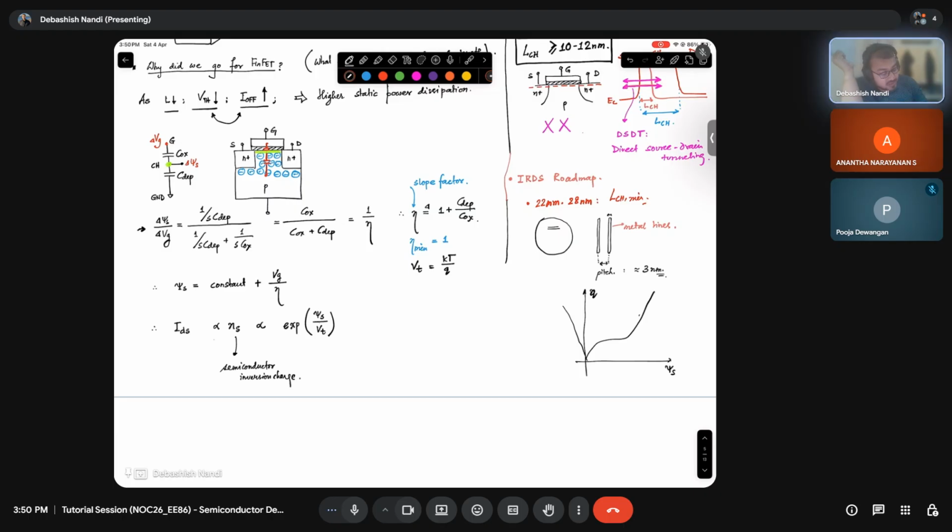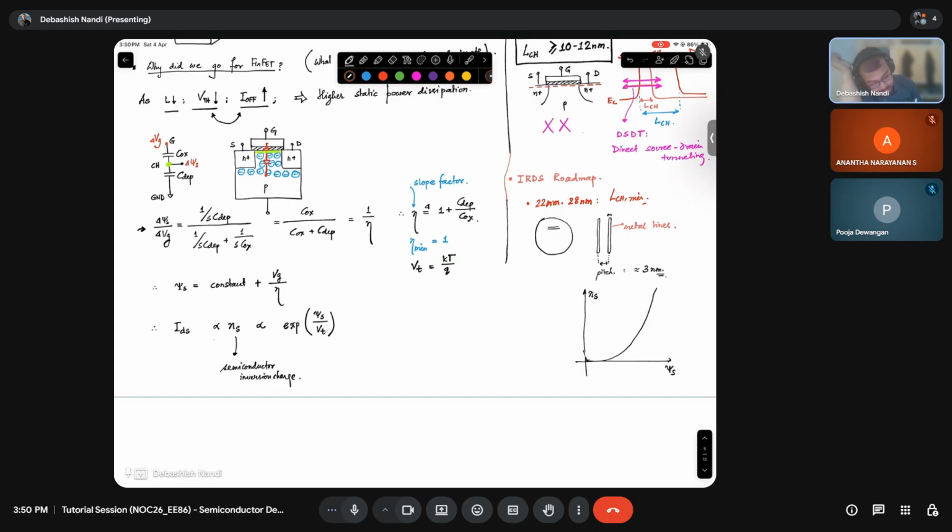So this inversion charge is basically exponential throughout, and this is your depletion charge. So if I just plot your Ns or inversion charge, it will be an exponential function of psi s. Fine.